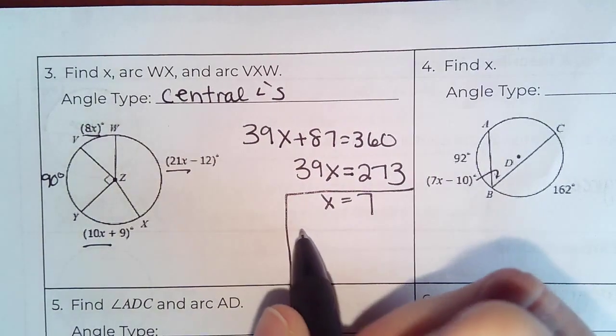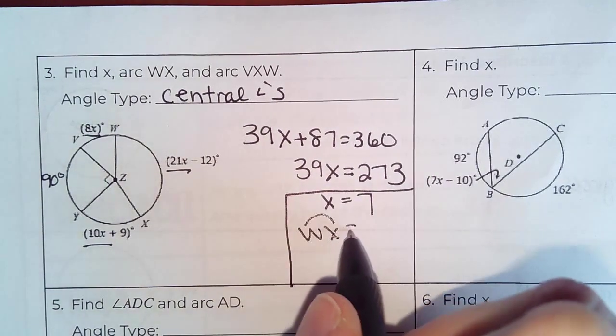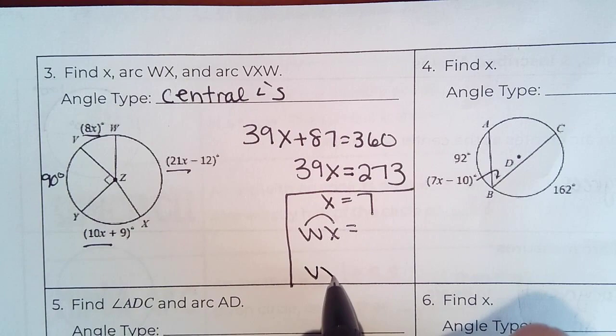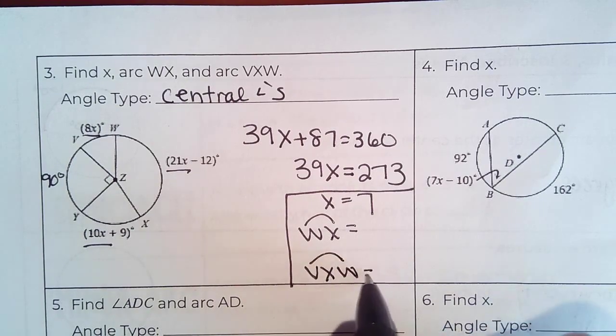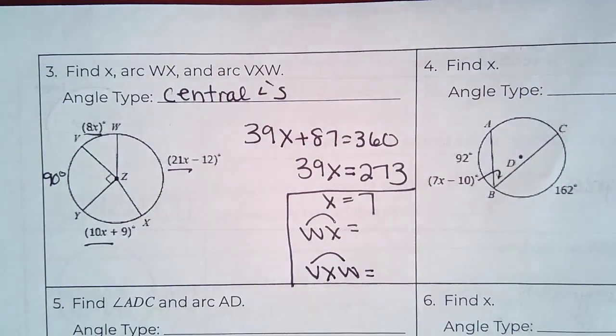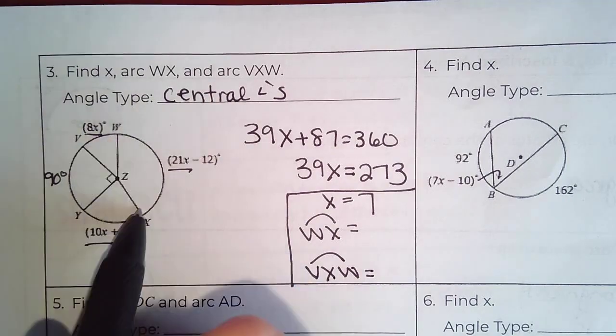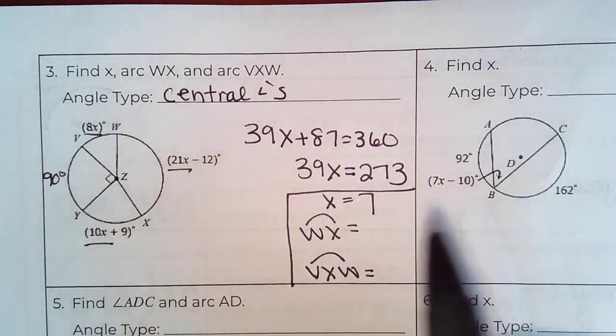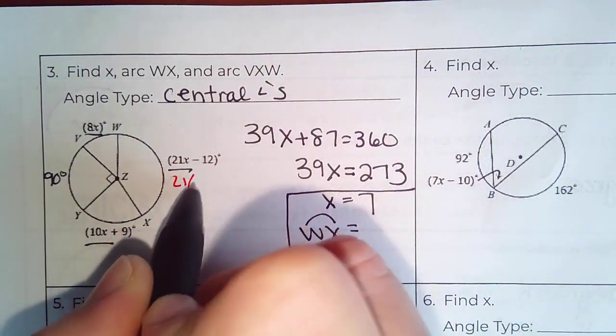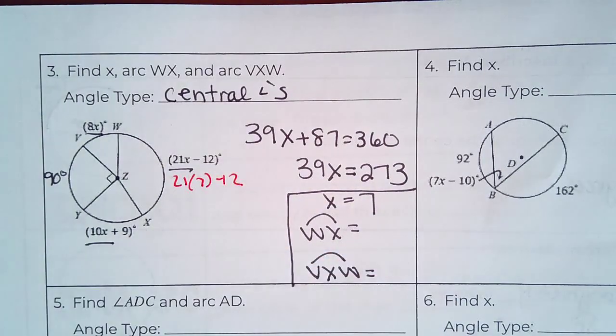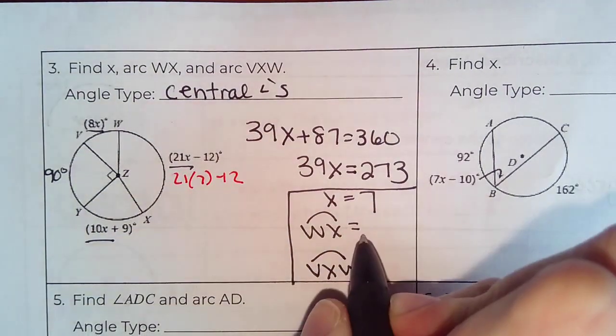I also need the WX and VXW arcs. To find arc WX, I'm going to plug in 7, so 21 times 7 minus 12, and I got 135.